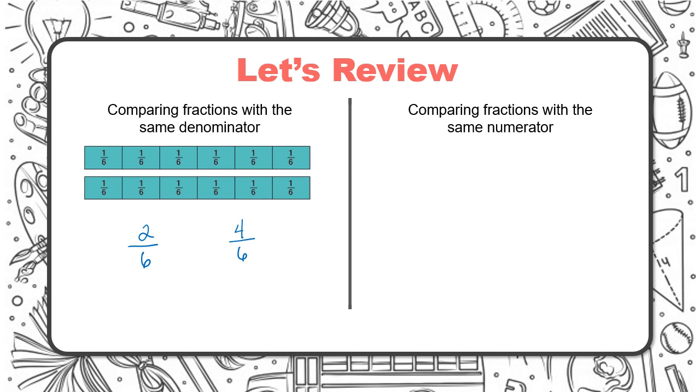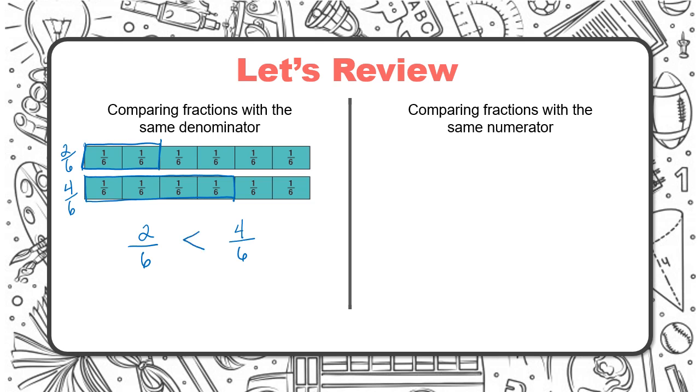And if I'm using my fraction bars, I can show 2 sixths from here to here, and I can show 4 sixths from here to here. So 2 sixths is less than 4 sixths. And I would just go ahead and put my symbol.